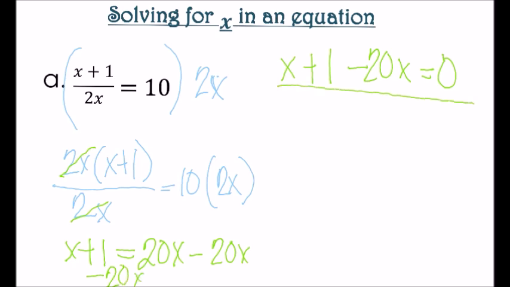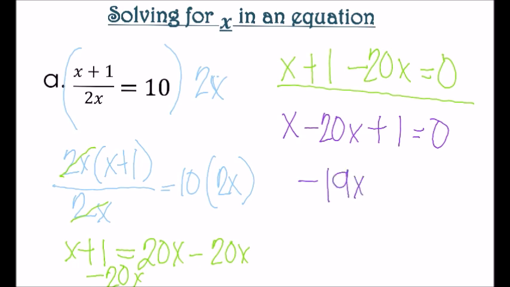Thus, we have this equation. Now, we combine similar terms. We have here x minus 20x plus 1 equals 0. x minus 20x, of course, that is negative 19x plus 1 equals 0.